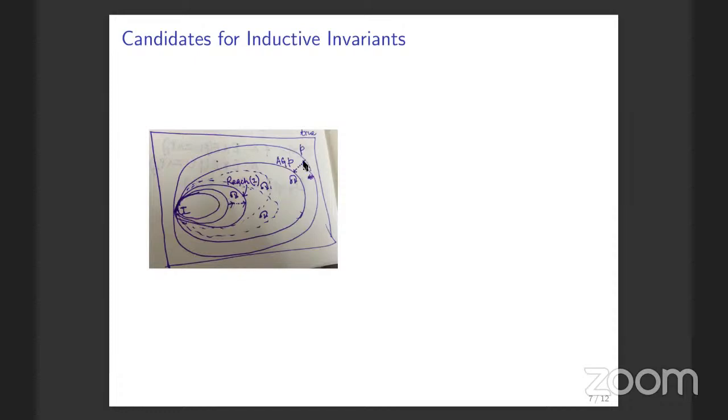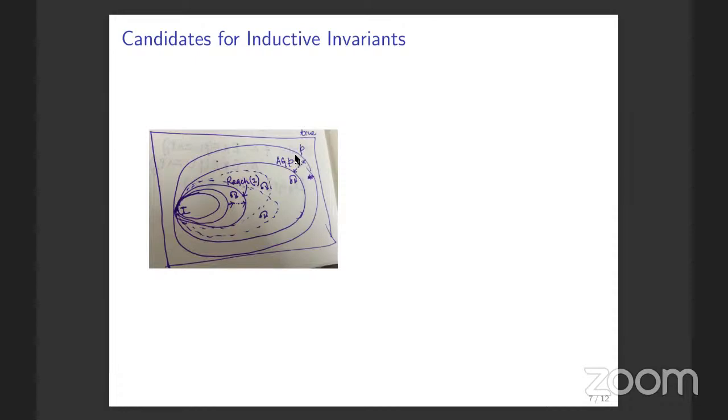Now, for this backward approach, what is needed? Recall how the backward approach works. When you compute the greatest fixed point, you are removing things that should not be in an inductive invariant. That is what I call a counterexample to induction. So if there are P states that in one or more steps get you out of P, they don't belong in a fixed point, correct?